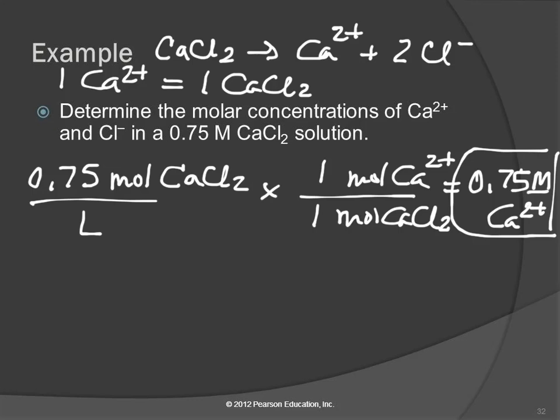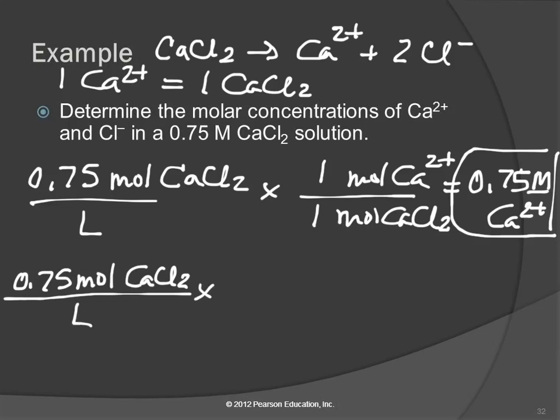Why do we have to calculate that? Well, let's look at the next one. The other ion, the chloride. Try to leave myself a little more room this time. 0.75 moles of calcium chloride per liter of solution. Now we want to know the moles of chloride ion per liter of solution.